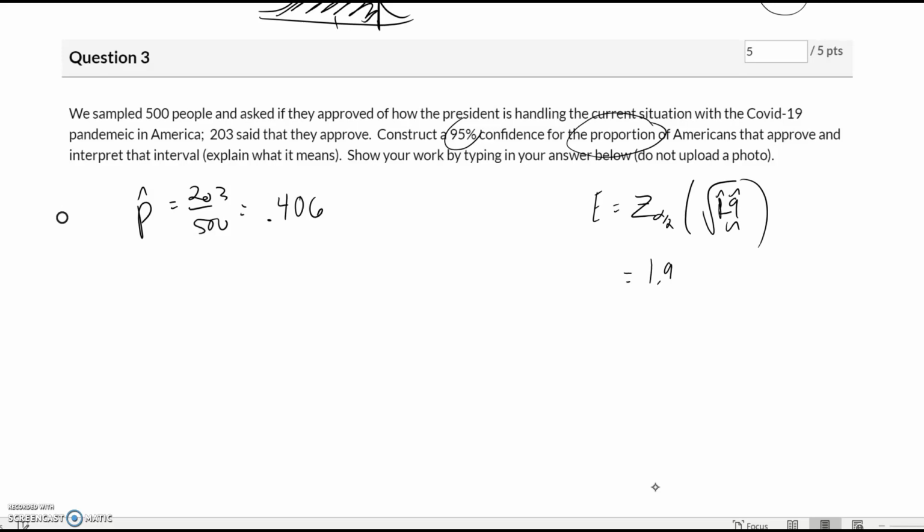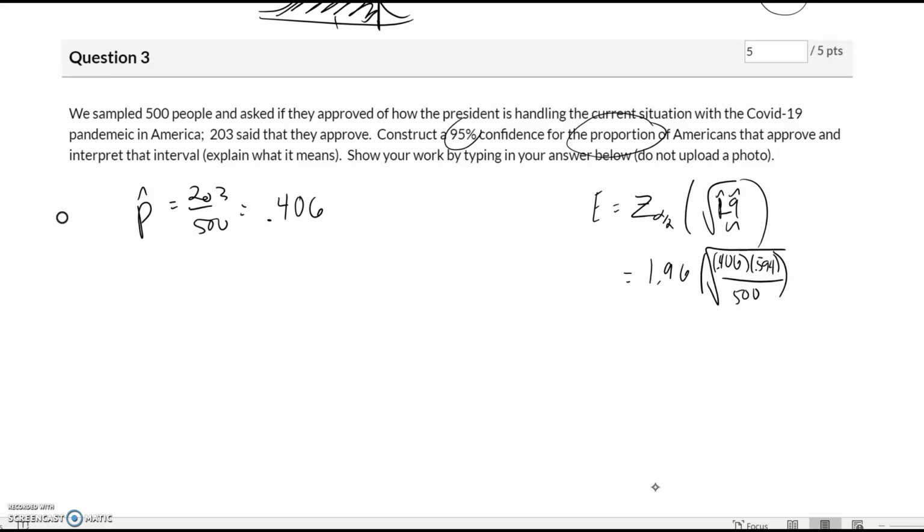So it's going to be 1.96 times the square root of 0.406 times 1 minus 0.406, which should be 0.594. I think I did that right. If it's 0.4, that's 0.6. And then divide that by your sample size, which was not 203, but 500.